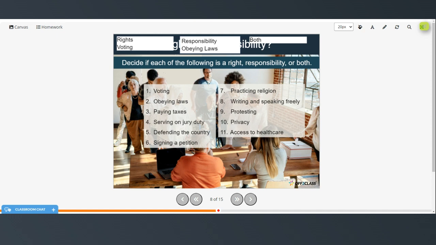Paying taxes would be a responsibility. Serving on jury duty would be a responsibility. Defending the country, I think that would also be a responsibility.